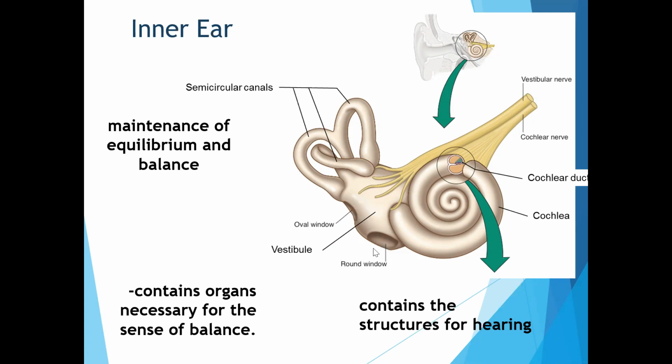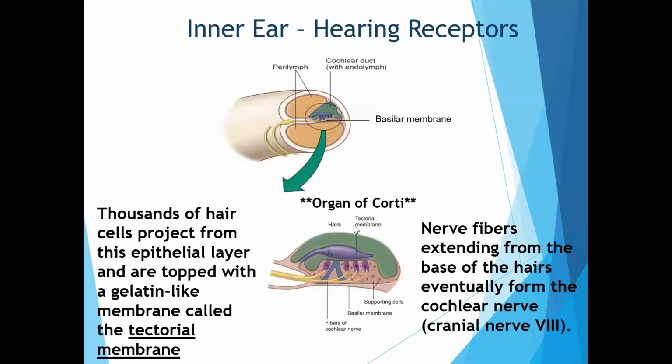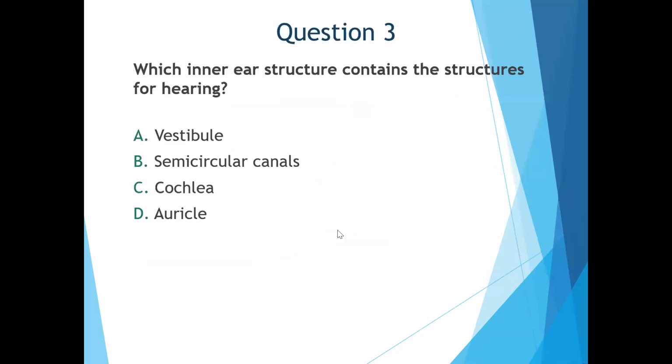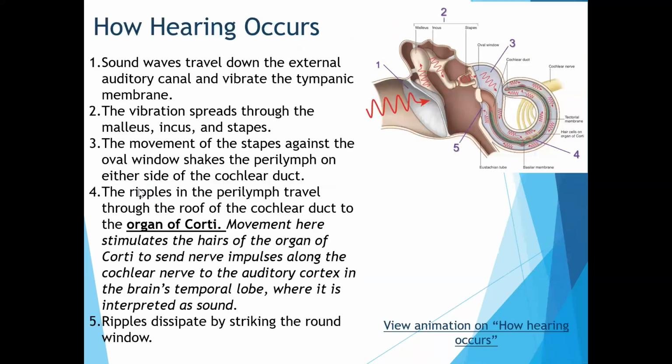And the round window is the very end of the line. And I think I have a little bit more on the steps of hearing, so we'll talk about that in just a second. And then our vestibule is where our bony and membranous labyrinths are, and those are also related to balance.